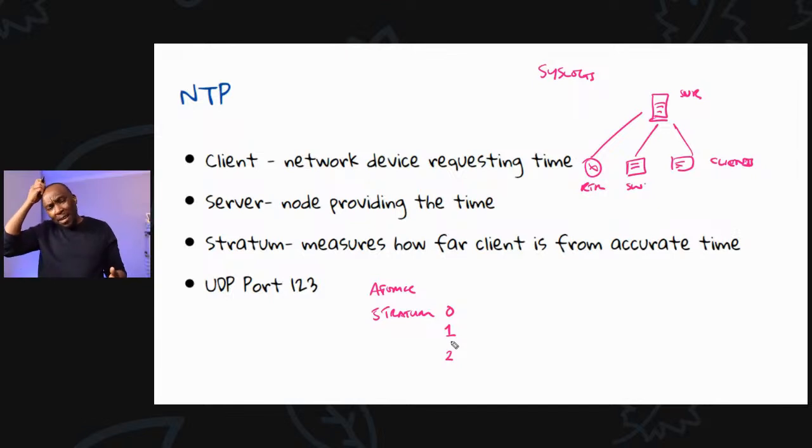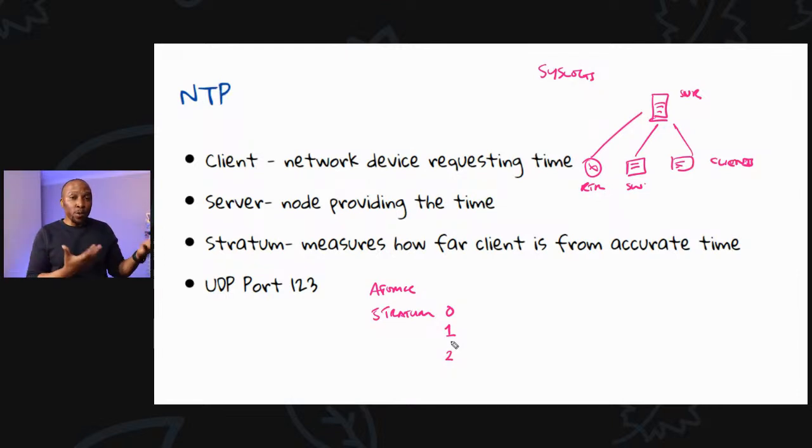And I think the limit is stratum 15. Network devices don't trust anything that's more than 15 hops from the source of truth because it's considered too far. So when you're configuring Cisco devices, mainly you will need to configure this stratum value, and that's why it's very important for you to be able to understand.